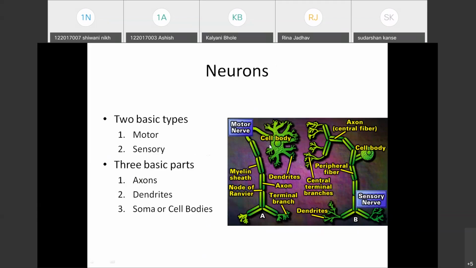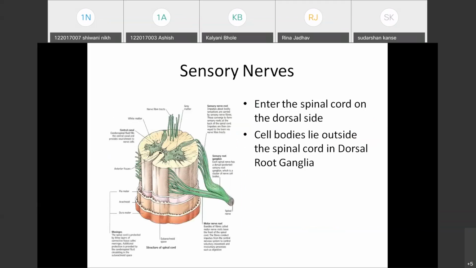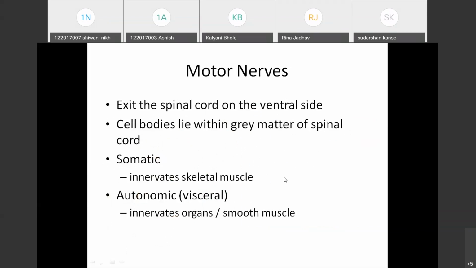You can see this is the cell body, these are the dendrite end parts, and the middle part is the axon. So a neuron has three basic parts: axon, dendrites, and the cell body. Sensory nerves, as we have seen, sense, and the motor nerves give action.